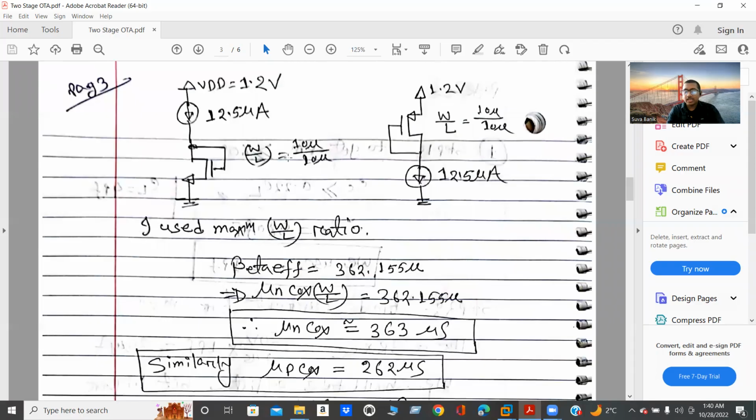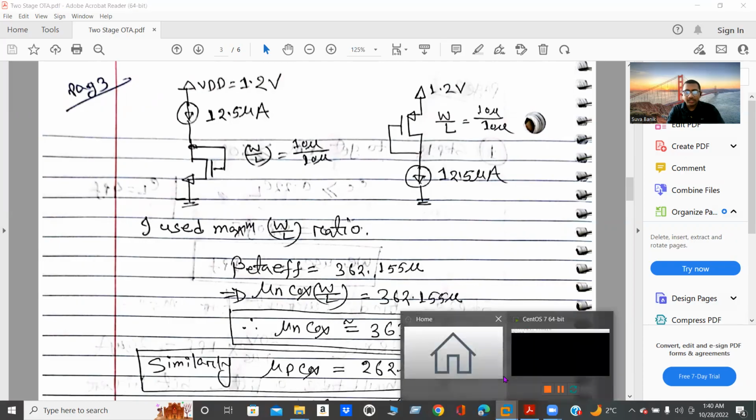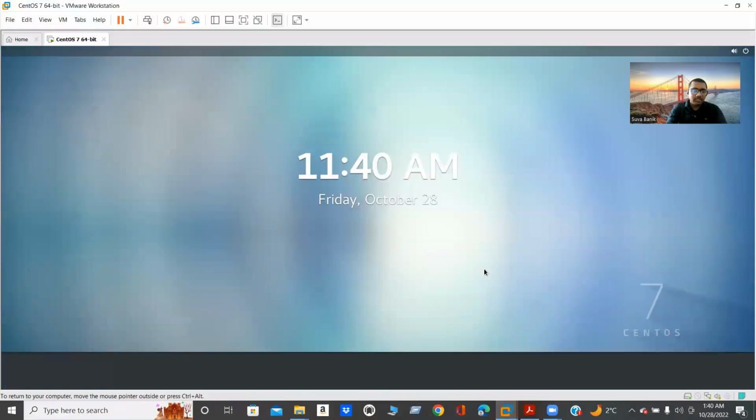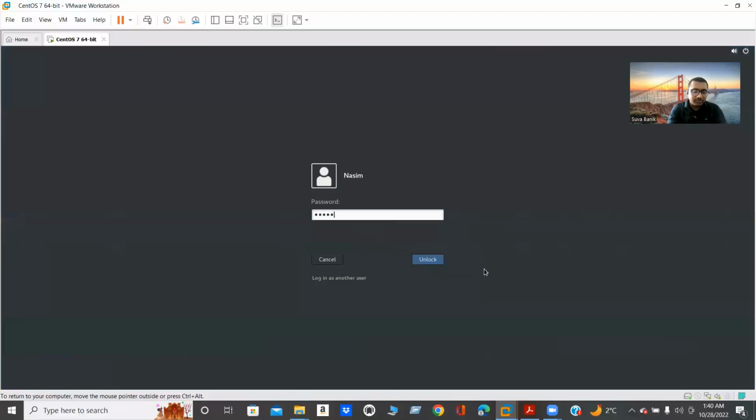Therefore, I choose 10 micro. It's the same case for PMOS. We have to ensure this MOSFET is in saturation. Therefore, there is a diode connection configuration. If I show you in the Cadence window, you can also find this circuitry.